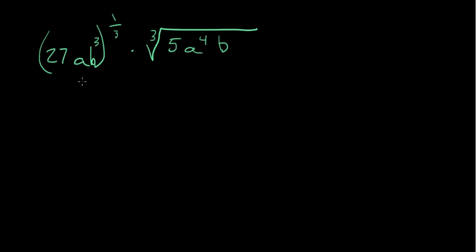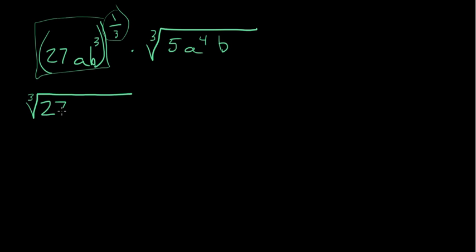Now we have to simplify this stuff. So the first thing I'm going to do is this is to the 1/3 power, this whole thing. So if it's to the 1/3 power, then I can put it under the radical sign. So I got the cube root of 27a b to the third times the cube root of 5a to the 4th b.